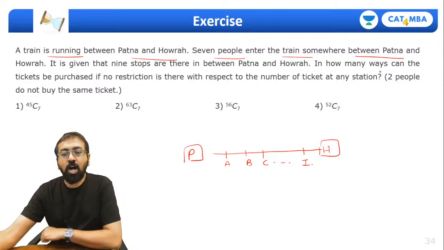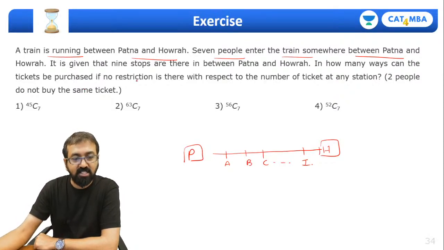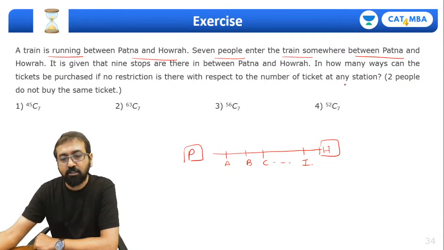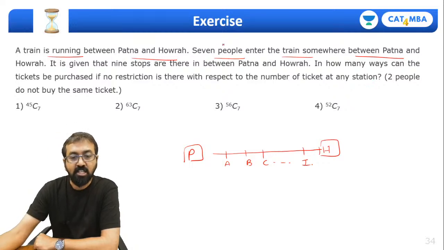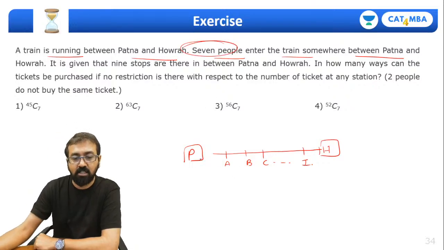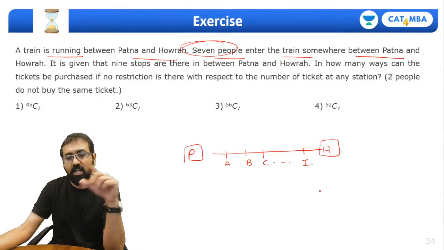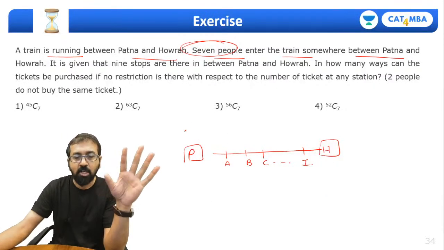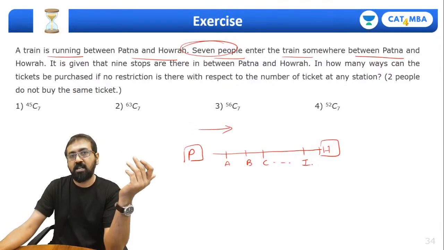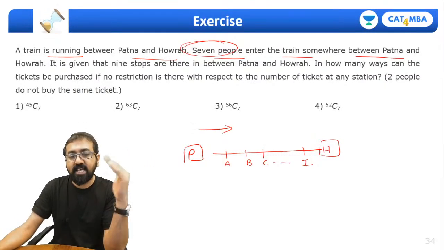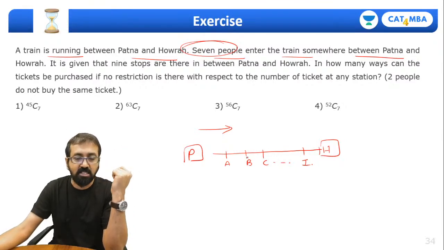In how many ways can the tickets be purchased if no restriction is there with respect to the number of tickets at any station? 7 people have entered. Now there can be 2 things. The train is either going from Patna to Howrah or Howrah to Patna. It's one and the same. So let's assume the train is going from Patna to Howrah. In how many ways can these people be issued tickets, or in how many ways can they purchase tickets?